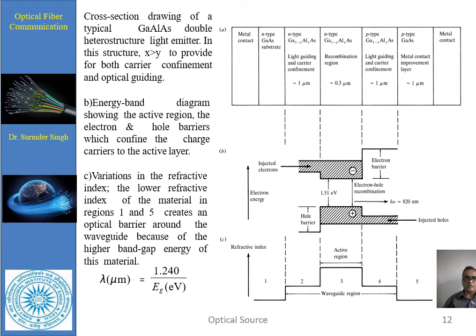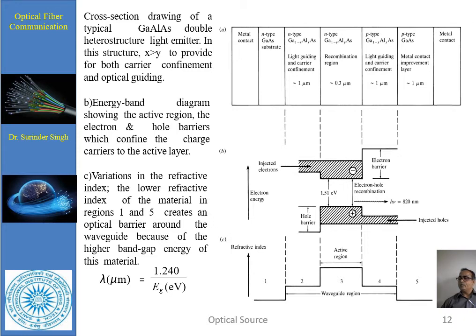Here the structure of the LED is shown, with a gallium aluminum arsenide double heterostructure light emitter. In the center is the gallium aluminum arsenide recombination region, which is sandwiched between the n-type and p-type gallium aluminum arsenide.